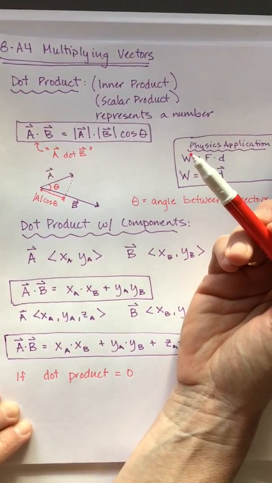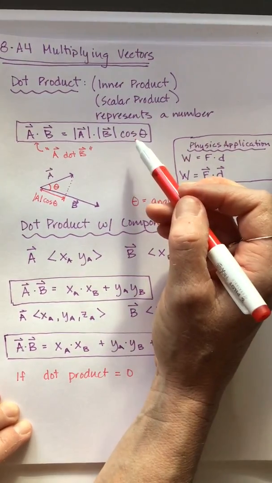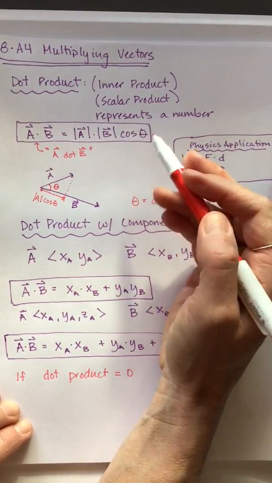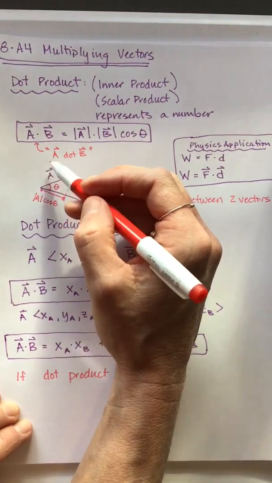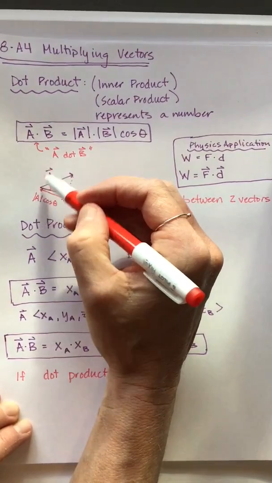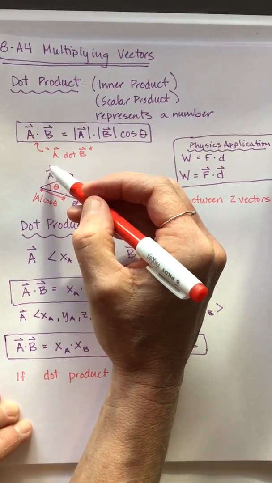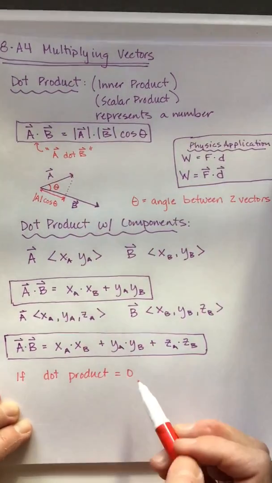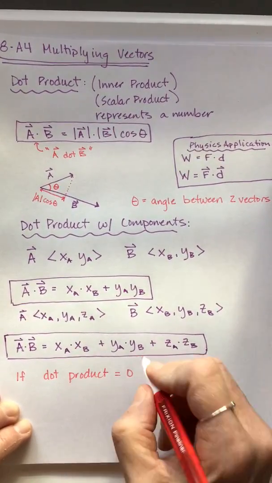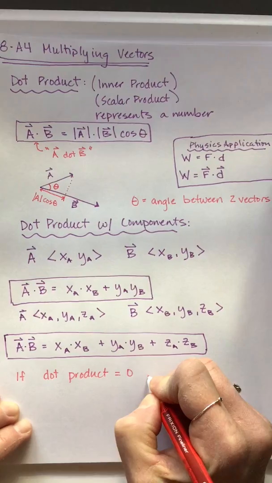Think of that unit circle, right? Cosine is 0 at 90 degrees. So that means there's no projection of A onto B. It's going like this. So if your dot product ends up being 0, you know that your vectors are perpendicular.